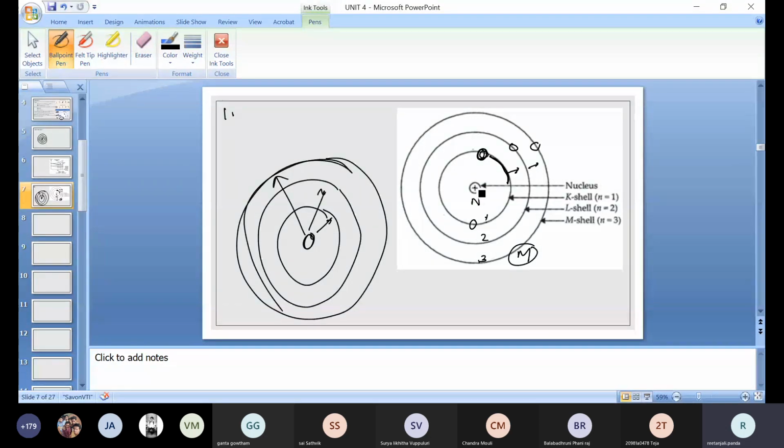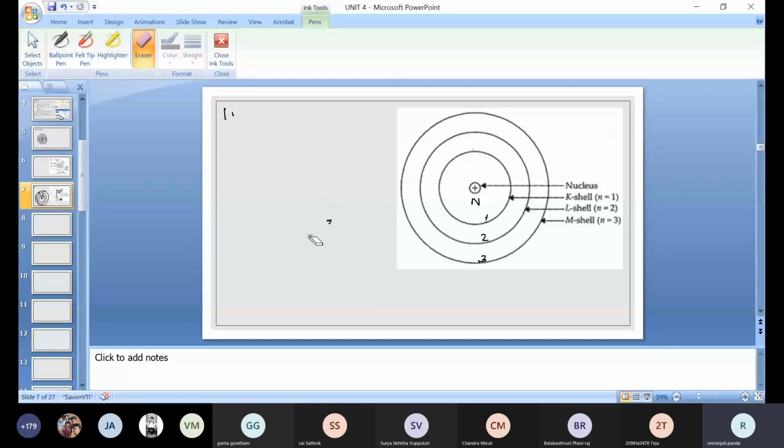So how do we calculate this attraction force of the proton on the electrons? For the attraction force we can say that F is equal to K Q1 Q2 divided by R square, where K is a constant value.